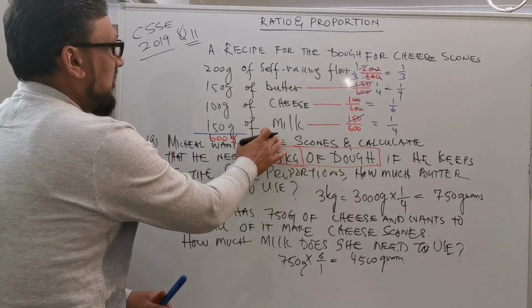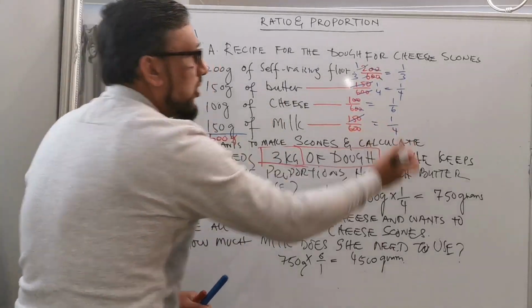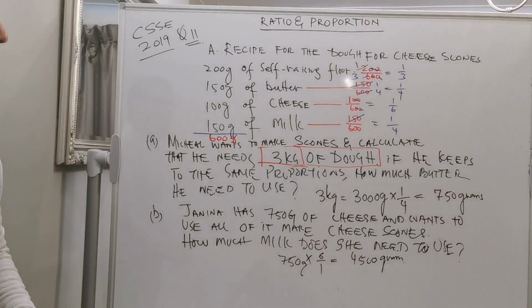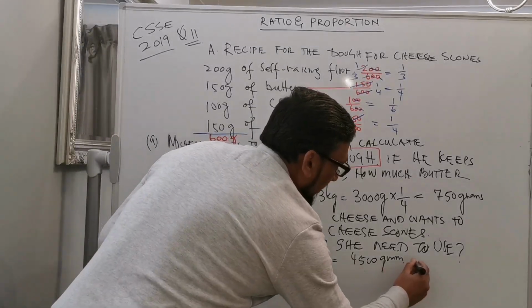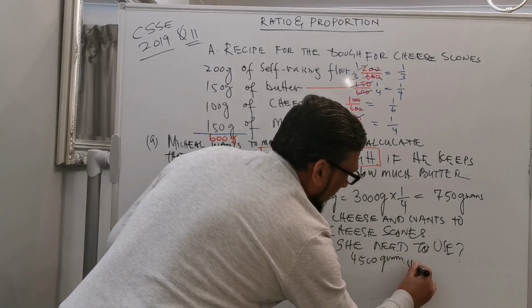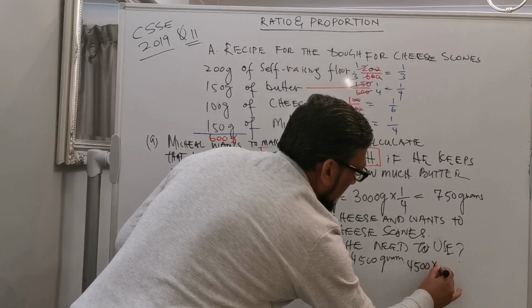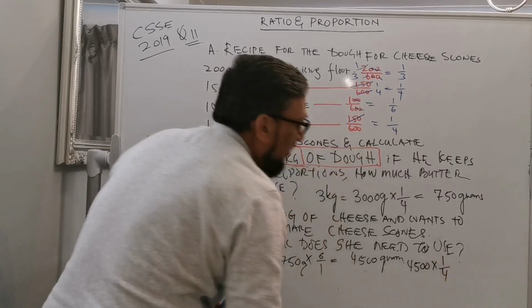And we go for the milk proportion, which is a quarter. So what we do, simple, 4,500 grams times 1/4.